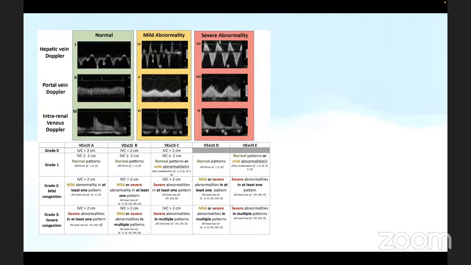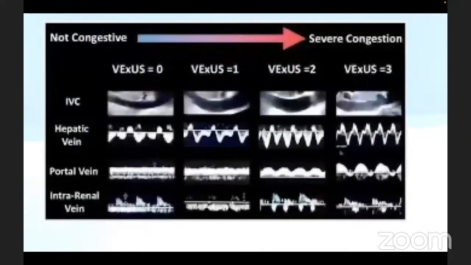So they've added IVC into VExUS type C, and VExUS type C is commonly being put into practice in almost all research and clinical purposes. That is the reason why VExUS C is used, because there is increased sensitivity and specificity. So this is another pictorial, go-to image, using which you can decide whether the patient is congested or not, and whether we should bring down the fluids in these patients or whether we should give them more fluids.